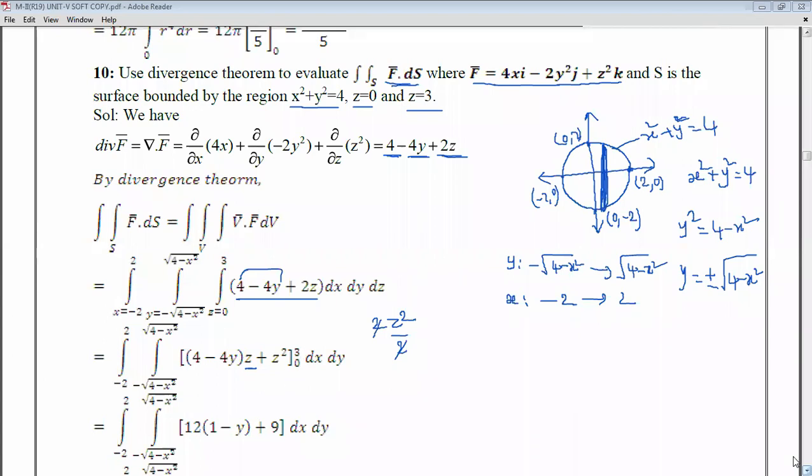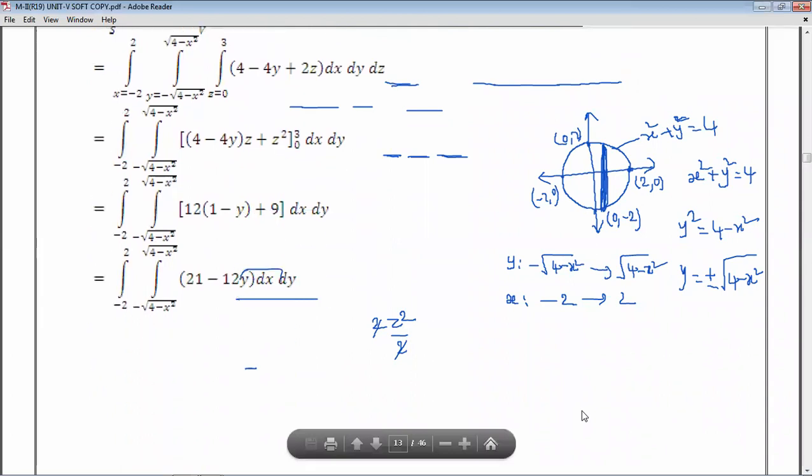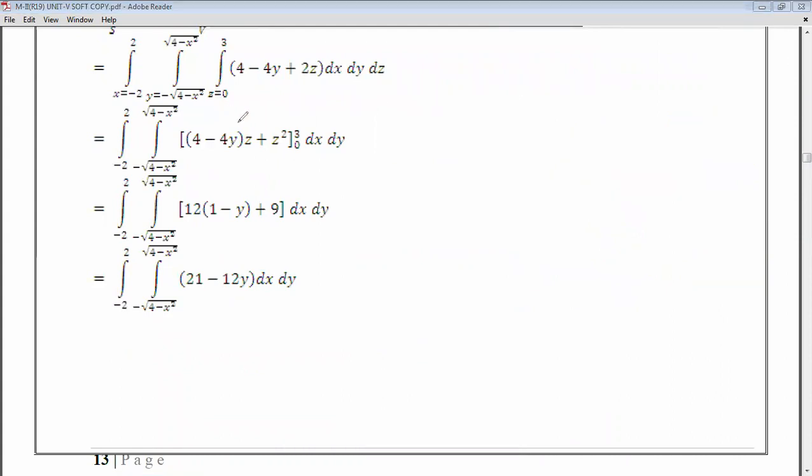If you substitute the limits, in place of z we substitute 3. So 3 into 4 is 12, so 12 into 1 minus y; 4 is the common factor, which we wrote outside, 4 into 1 minus y into 3, which is 12 into 1 minus y.